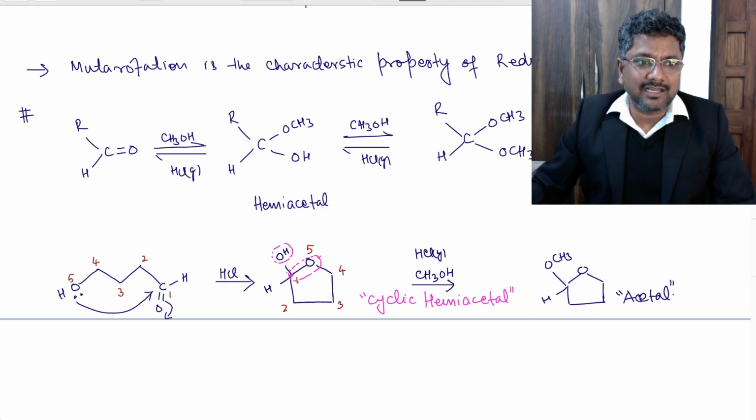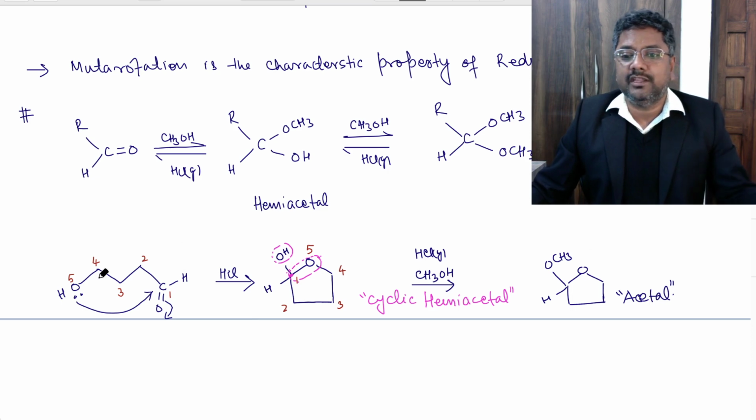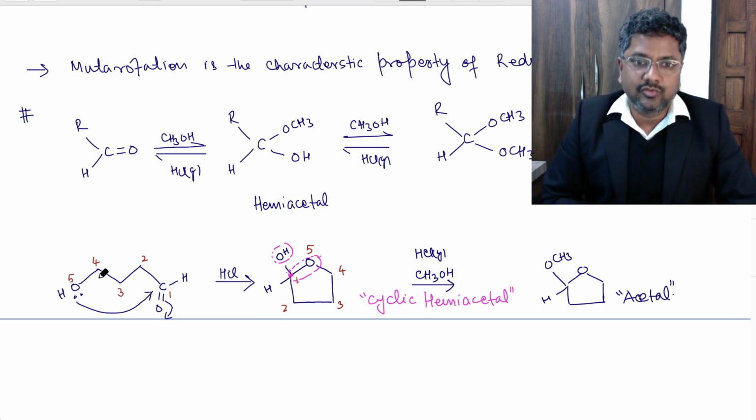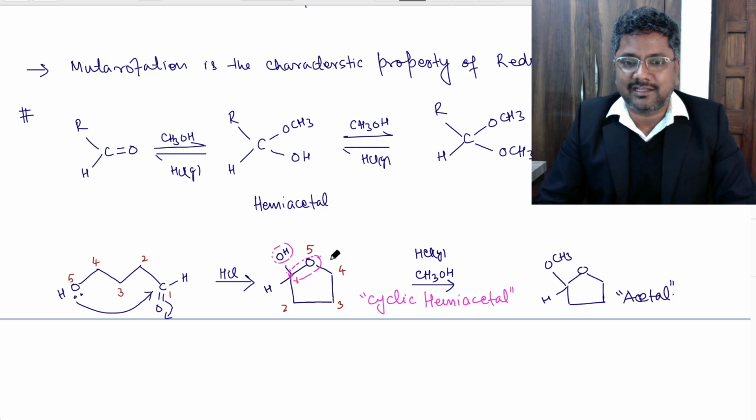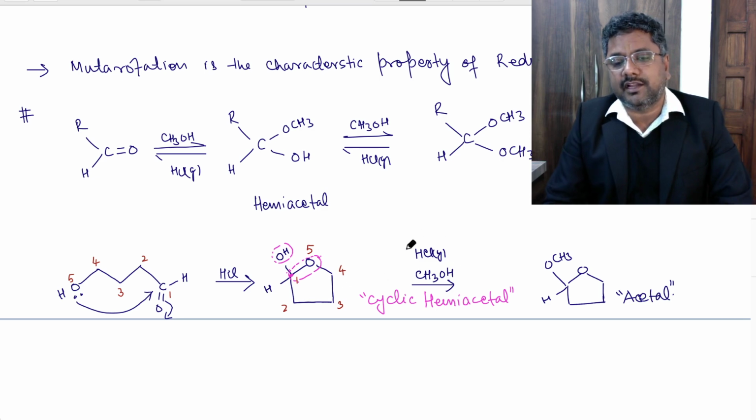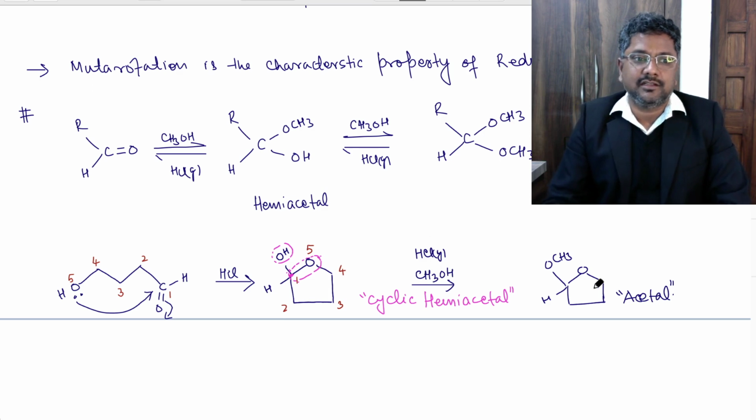So if you examine the open chain structure of glucose, you will find that in the same molecule you have a CHO group and so many OH groups. So there is a possibility that this internal reaction will take place in glucose, so that OH and CHO will react first to produce this cyclic hemiacetal structure, and after that this will react with only 1 mole of alcohol and give the acetal, right?